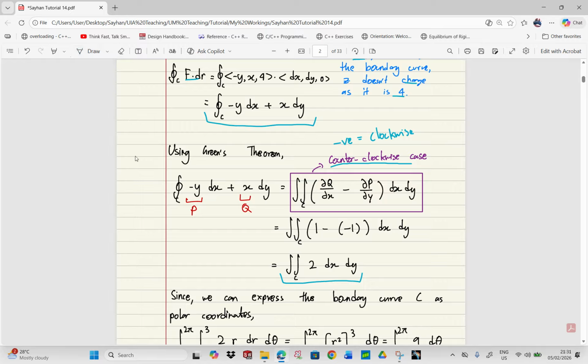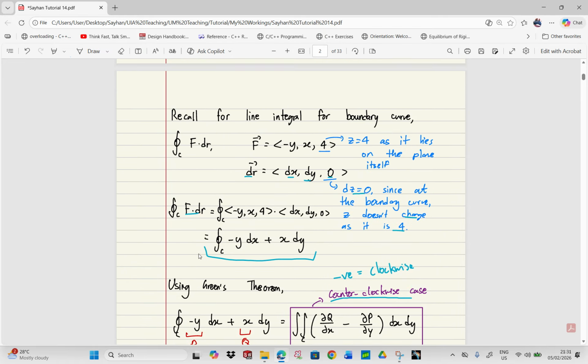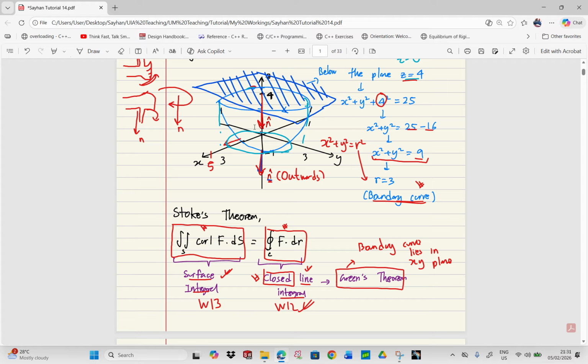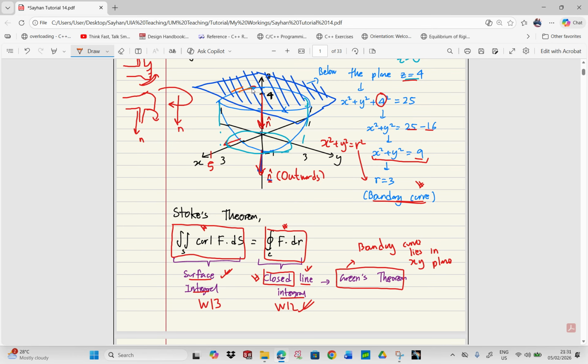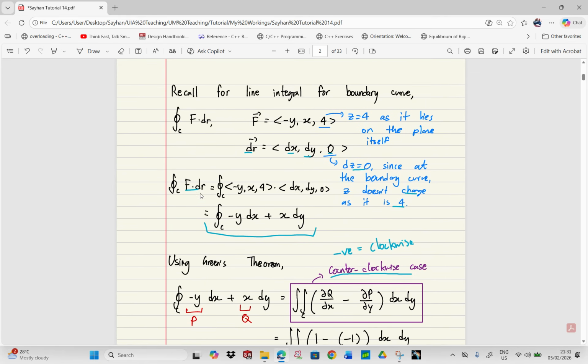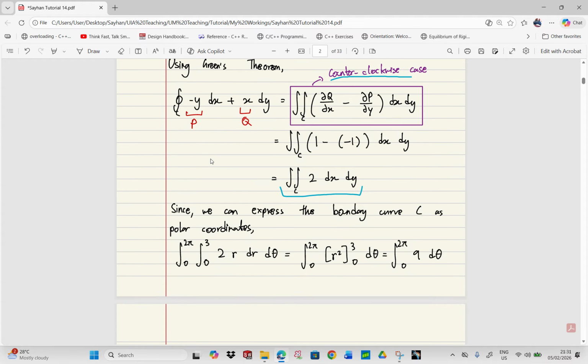Now the boundary curve here is a simple circle, as highlighted. Let me highlight it again in a different color. The equation is right here, so that's why I opted for polar coordinates. The double integral becomes a simple polar integral, r dr d theta.